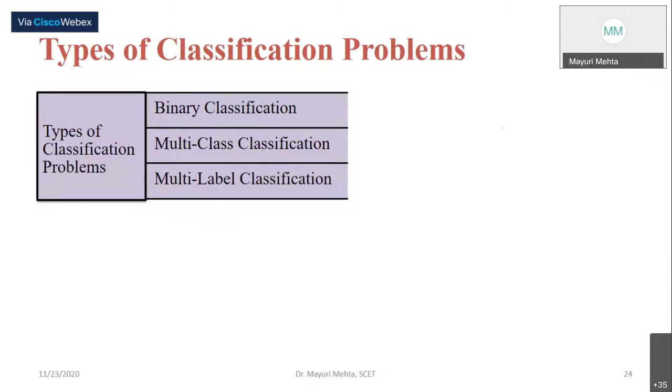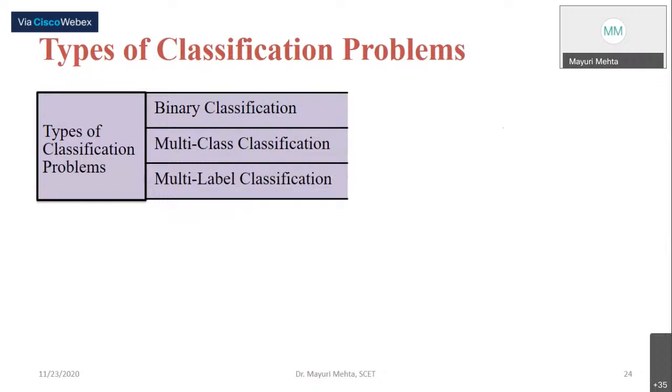Okay, the next is multi-label classification. This is a type of classification where each sample is assigned to a set of labels or targets. Each sample can have multiple labels, right? Let me give you a very simple example. You are feeding a color image containing colored shapes to your machine learning model.